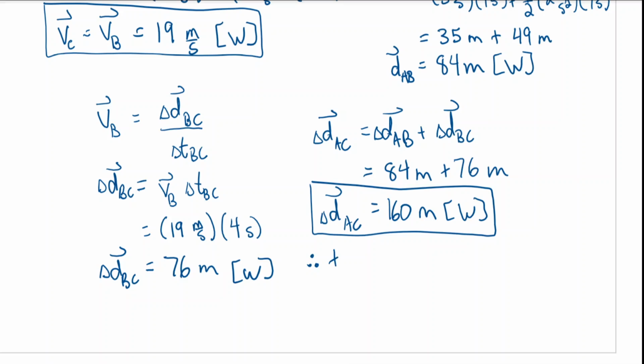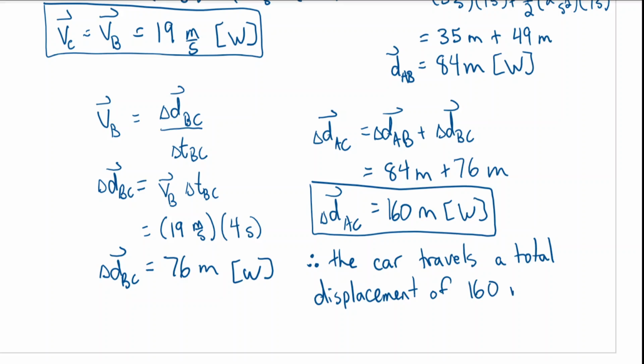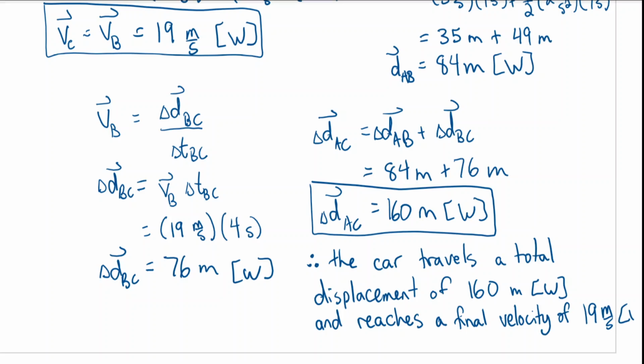This car travels a total displacement of 160 meters west and reaches a final velocity of 19 meters per second west. And that's that.